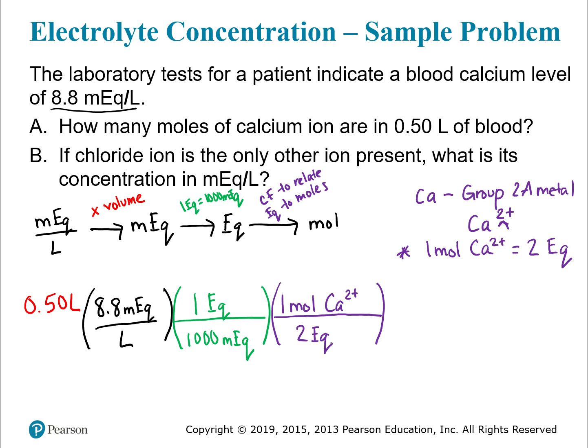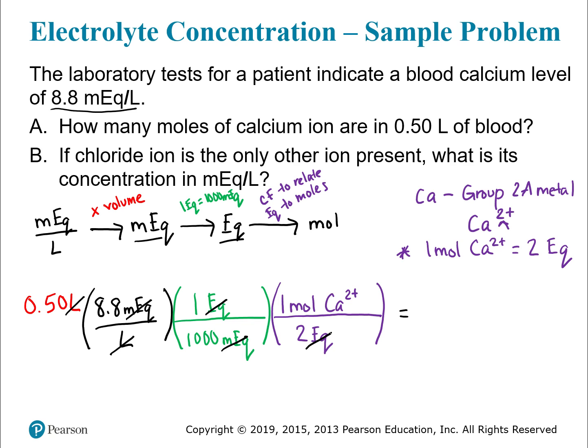So we write a conversion factor from that equality to get us to the number of moles. Our liters cancel, and we're left with milliequivalents, just like in our plan. Then the milliequivalents cancel, and we're left with equivalents, just like in our plan.